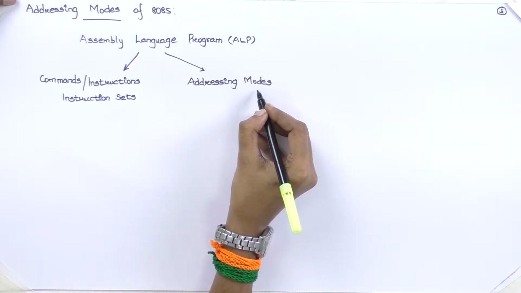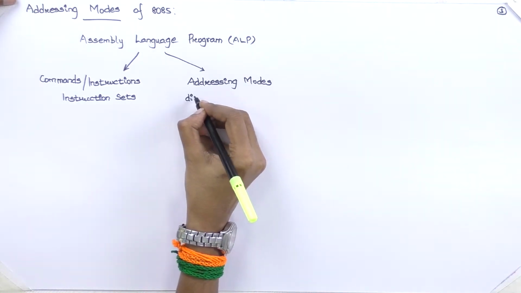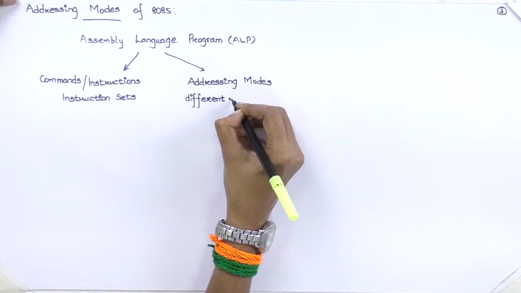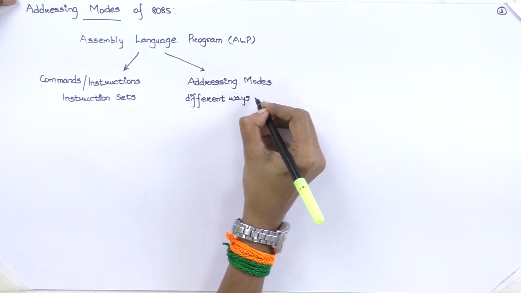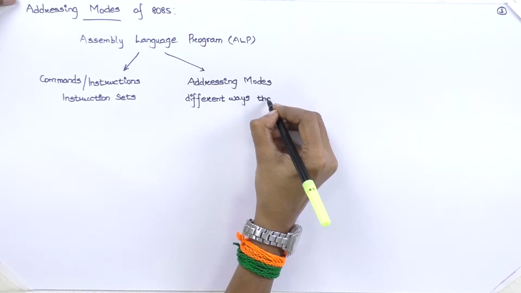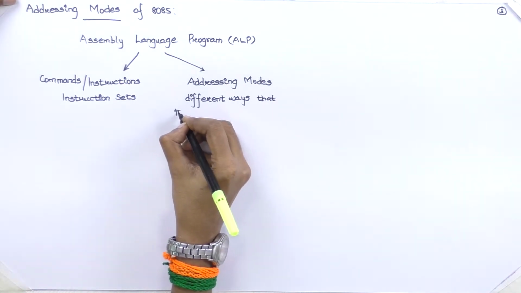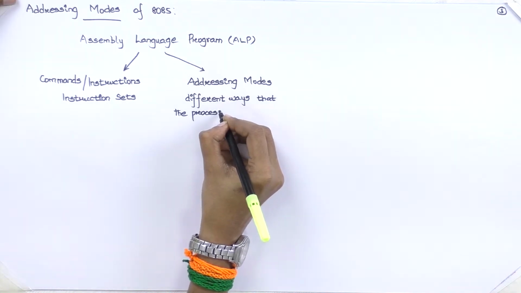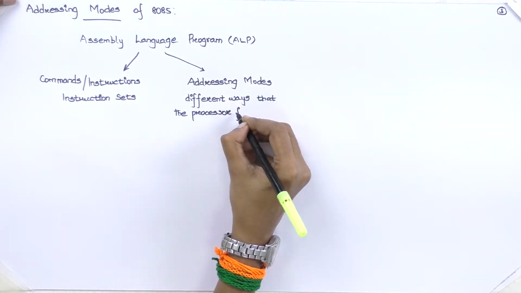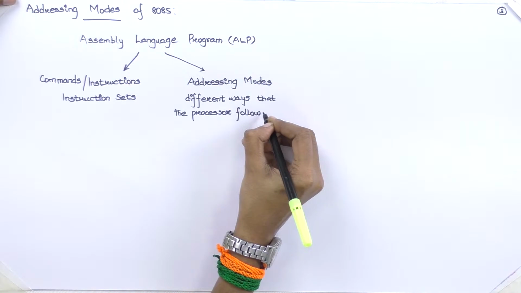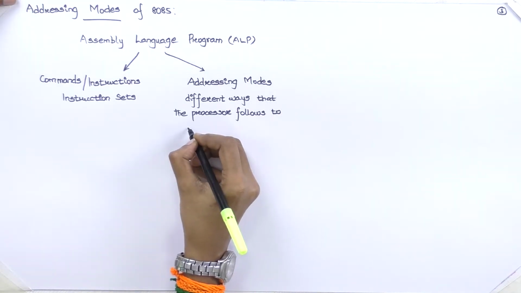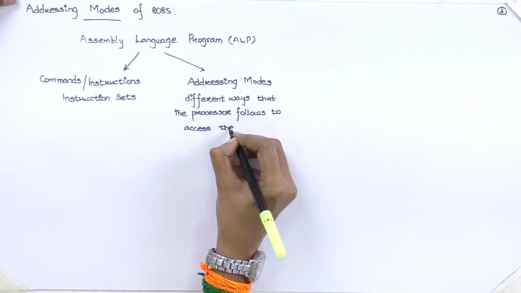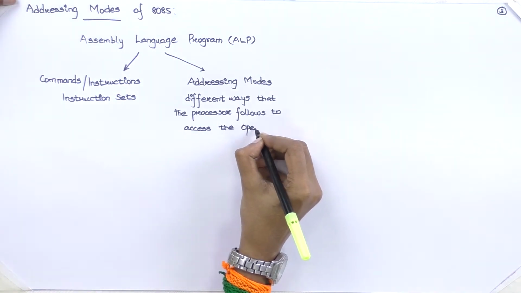The addressing modes are nothing but the different ways that the processor follows to access the operands.